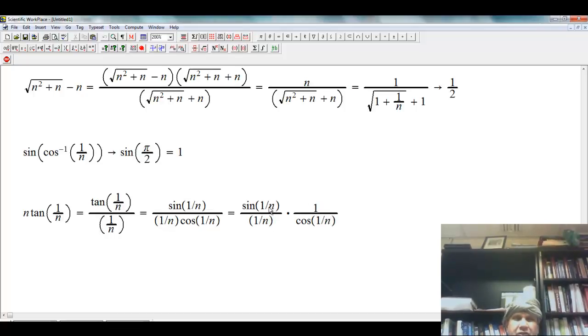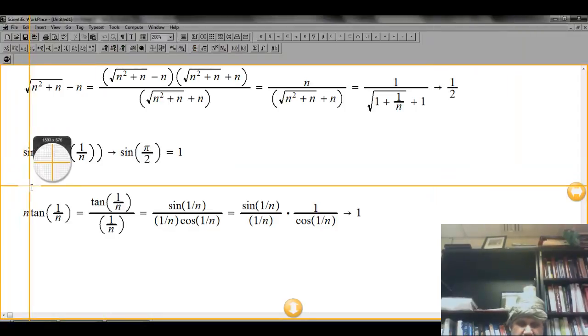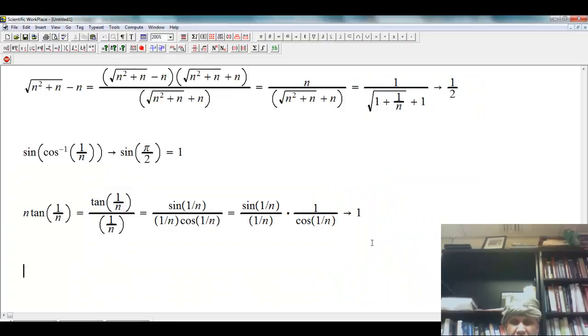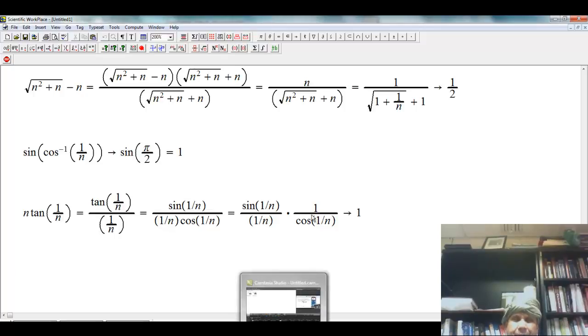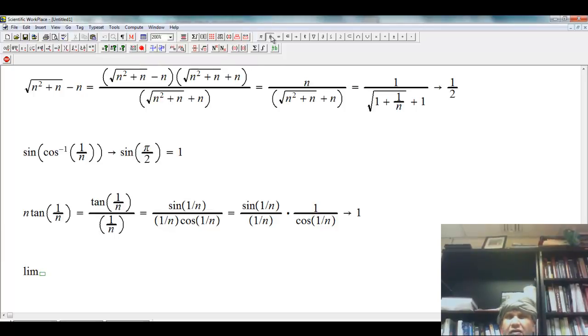And if I wrote it like this, this is sine of 1 over n, over 1 over n, times cosine of 1 over n, and if you split it, you have 1 over n, and then we have 1 over n again.